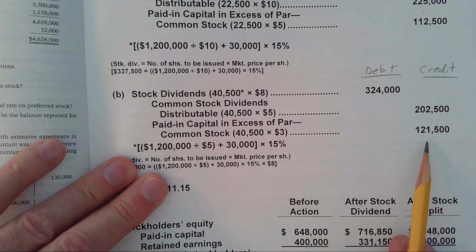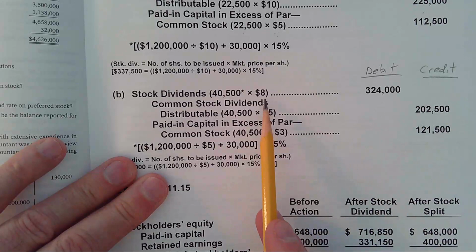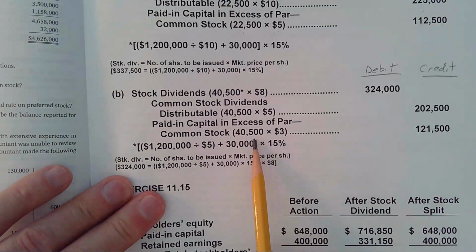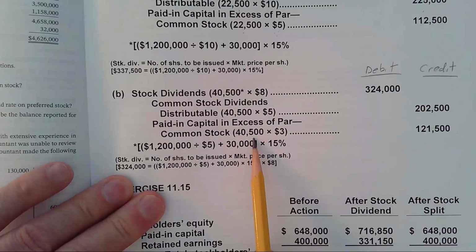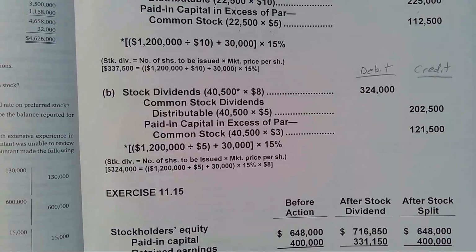And 121,500 is just simply the difference between these two numbers, or the 8 minus the 5, which is $3 more per share, times the 40,500 shares distributed gives you that. All right, I hope this helps, and I'll talk to you soon.